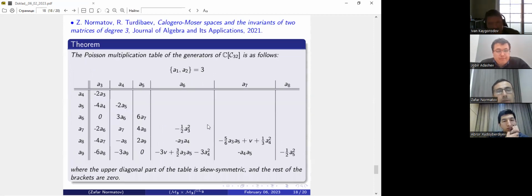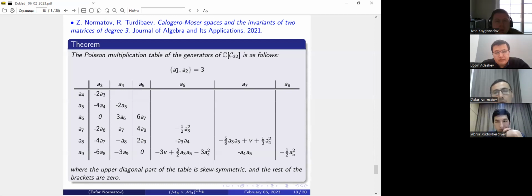Understood. So in this paper we have the following result: the Poisson multiplication table of the generators of the coordinate ring of C2 is as follows: A1, A2 equals 3, and we have also the following table, where the upper diagonal part of the table is skew symmetric and the rest of the brackets are 0. So what are A1, A2?